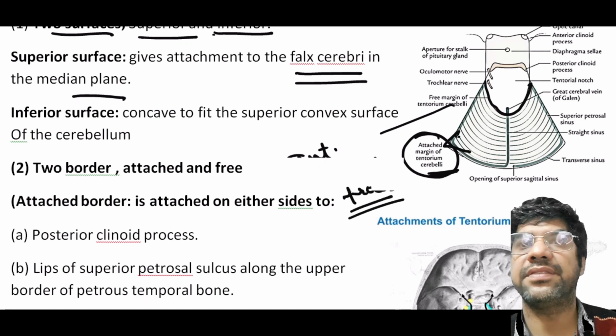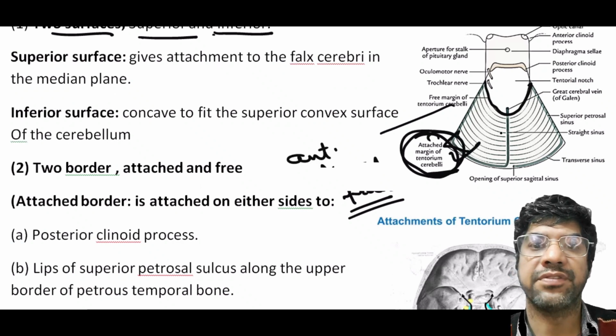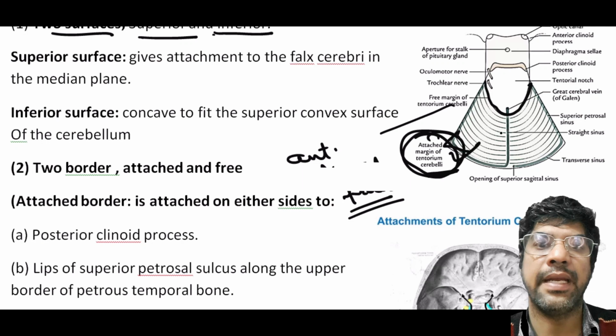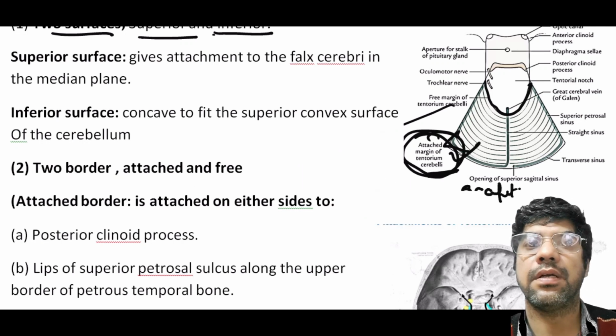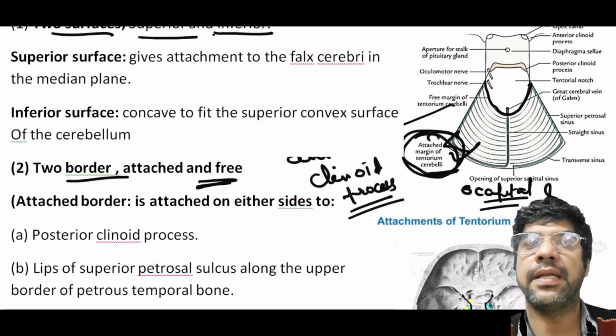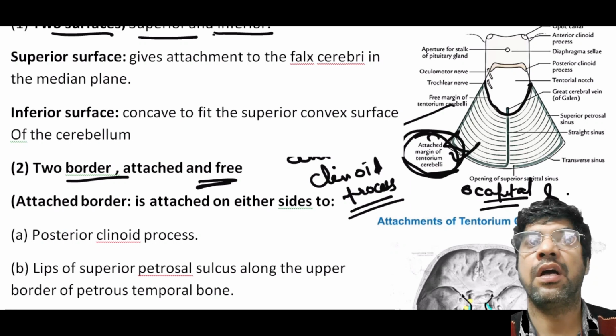The attached margin is attached to the bone of your skull. It is curved and connects to the occipital and parietal bones. This attached margin is where you find important blood channels known as the transverse and superior petrosal sinuses.